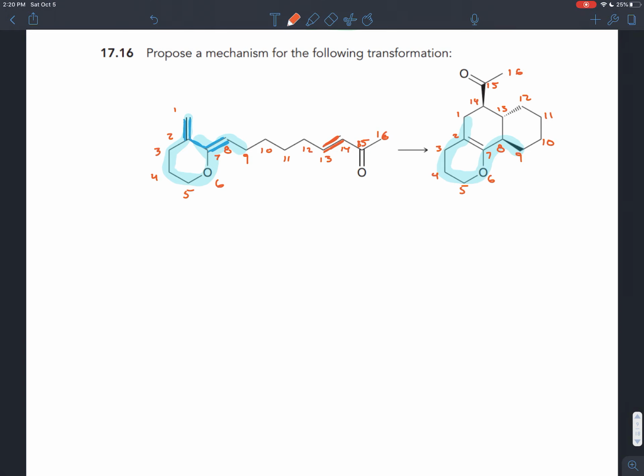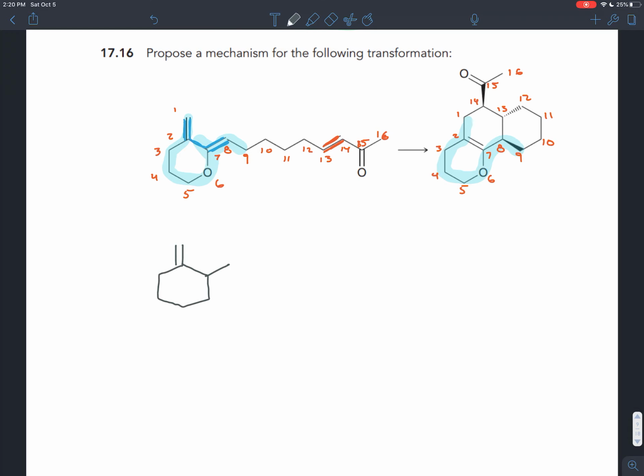So we can redraw this molecule on the left, but we're going to redraw it in such a way that the bond between carbon 10 and 11, instead of going to the right, rotates so that the chain is going up.